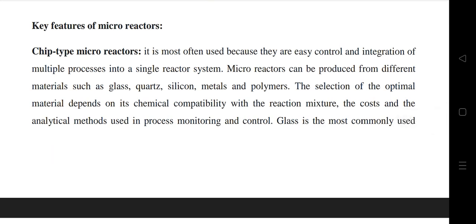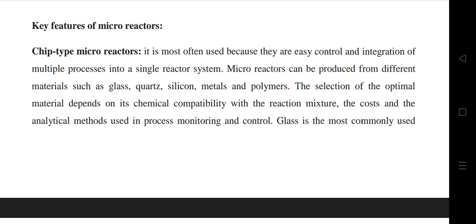Key features of microreactors. First one is chip type microreactors. It is most often used because they are easily controlled, with integration of multiple processes into a single system. Microreactors can be produced from different materials such as glass, quartz, silicon, metals and polymers.